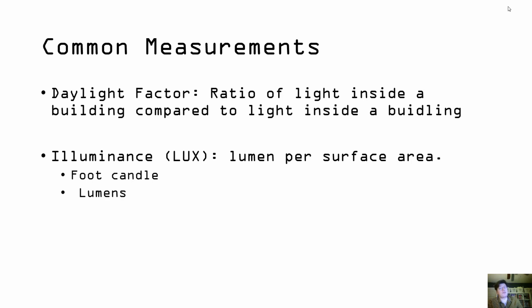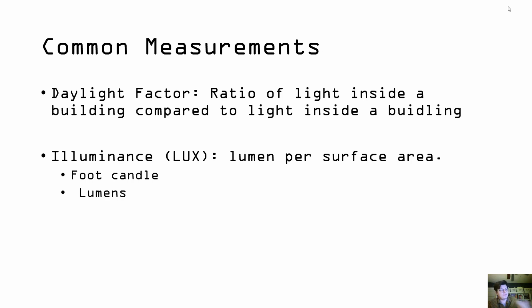There's actually a lot more, but this class is mostly about BIM and energy analysis and ecology. So this presentation I'm giving right now is just intended to be a very quick overview of daylighting. I mean, there's certainly a lot of college seminars and graduate classes that look at just daylighting. So when I say common measurements, I mean common to what we'll be looking at this week.